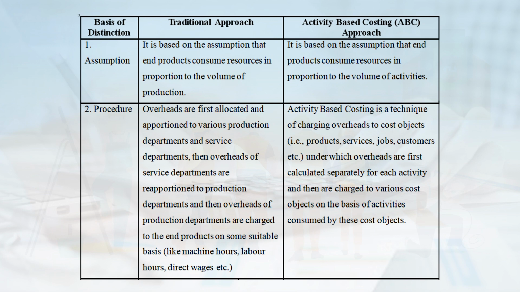Then overheads of service departments are reapportioned to production departments, and then overheads of production departments are charged to end product on some suitable basis like machine hours, labor hours, direct wages, etc. Whereas activity based costing is a technique of charging overhead to cost objects, that is product, services, job, customers, etc., under which overheads are first calculated separately for each activity and then are charged to various cost objects on the basis of activities consumed by these cost objects.